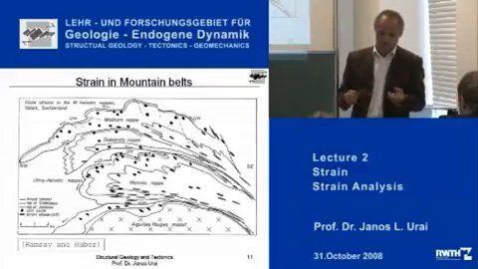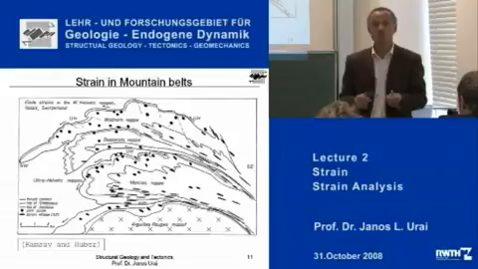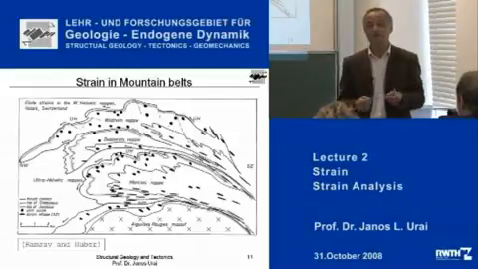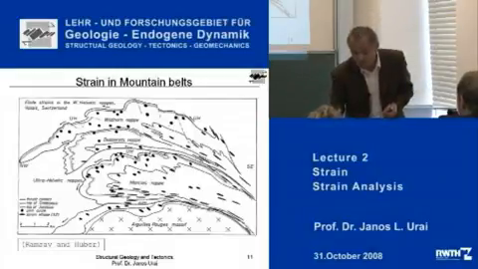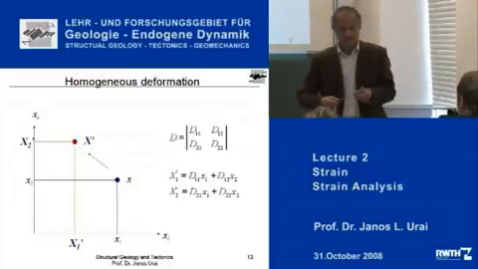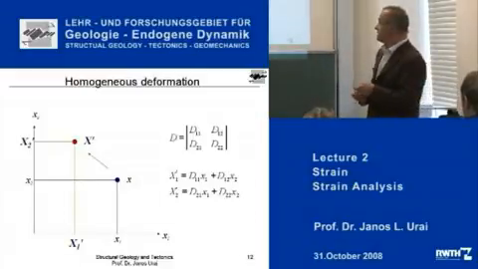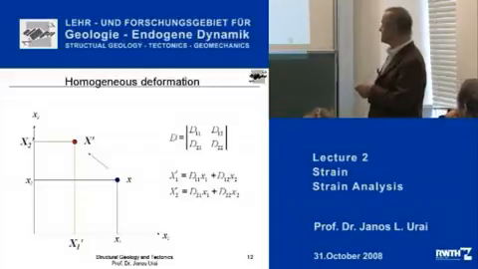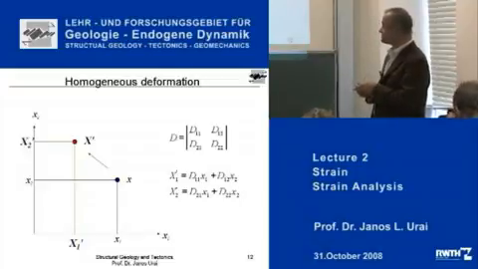Okay, so these were some nice examples. Now we have to again go to the mathematics and try to understand how to describe strain mathematically. So let's look at this little simple coordinate system. The first axis is x1 and the second axis is x2.